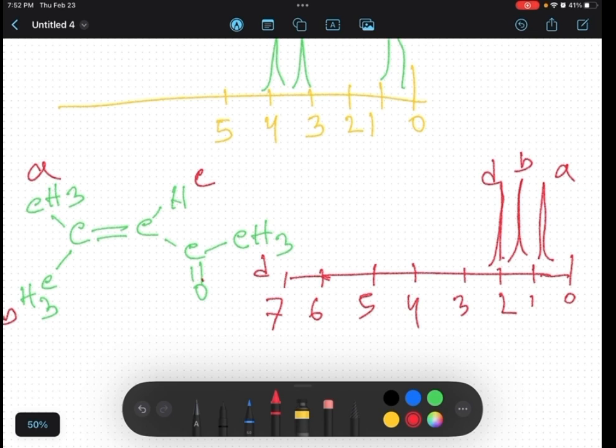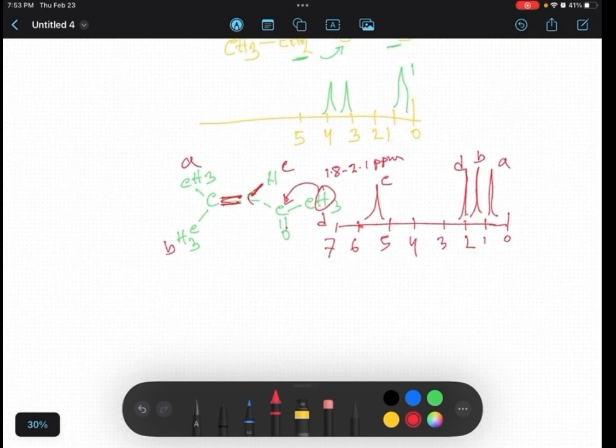Any proton next to the carbonyl always shows up at 1.8 to 2.1 ppm, just to remember, like any methyl peak. Now the C proton, you will see around 5 to 6, because that is a vinylic proton, since it has a double bond and that carbon is directly connected here.